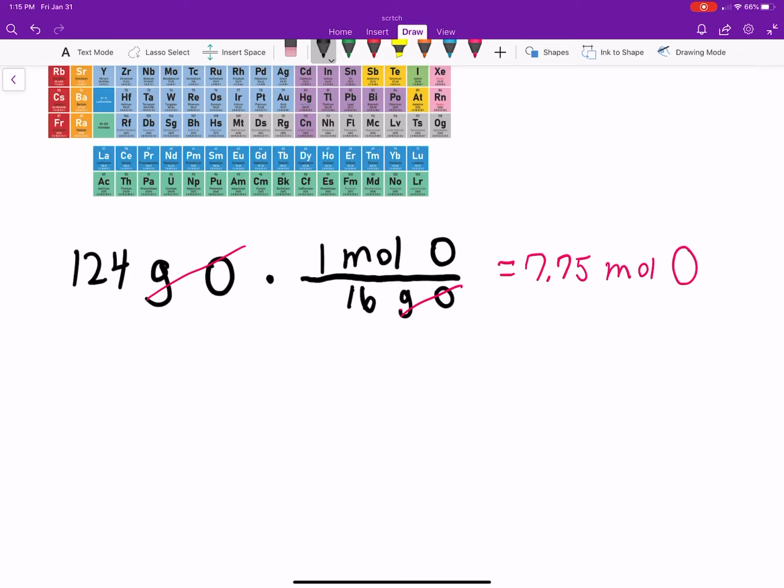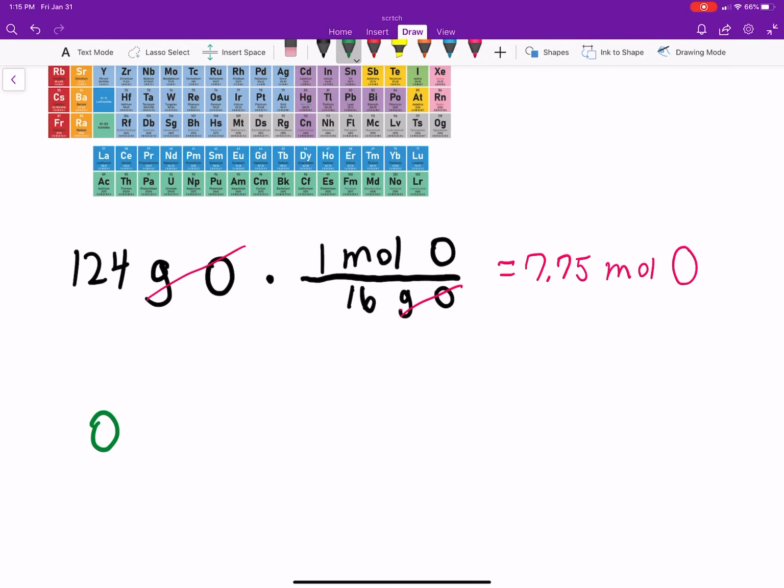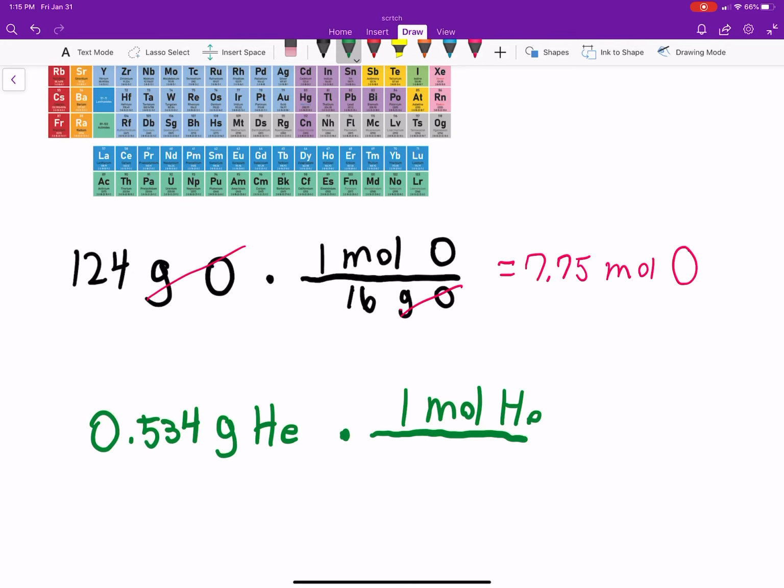Now, I'll give you one to try. Let's say we have 0.534 grams of helium. If we want to find out how many moles that is, then we just say, well, 1 mole of helium is what?